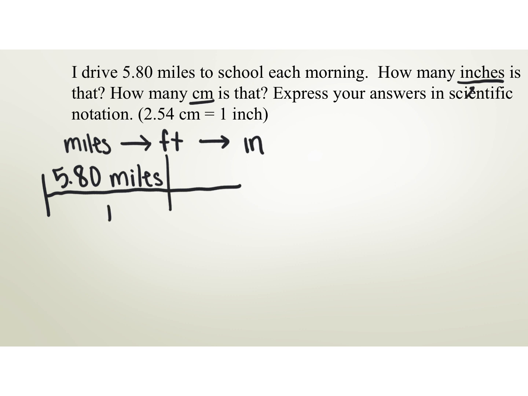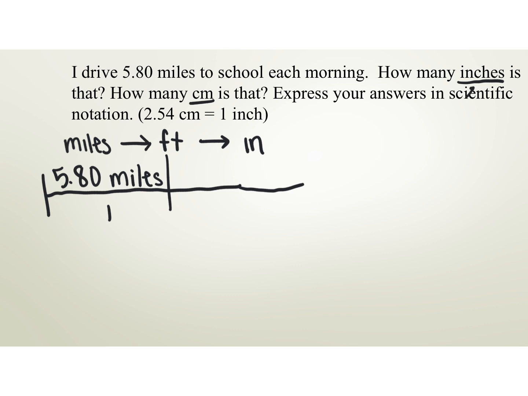Okay, so we're starting with 5.80 miles. And we have to get from miles to feet. Who knows how many feet are in a mile? Good. 5280. Does that sound familiar? Is there some significance to that number very nearby? Not at all. Doesn't ring a bell?